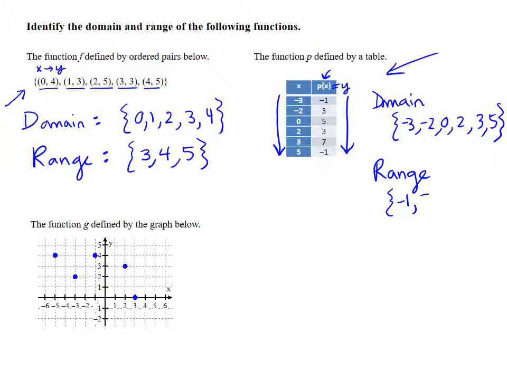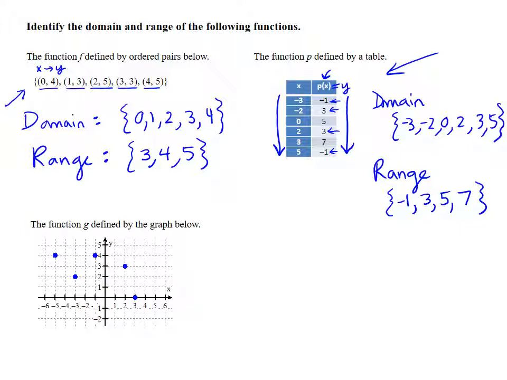The next lowest would be 3, the next lowest would be 5, the next, or the highest, would be 7. Notice, I don't list out 3 more than once. It only has to appear once. And same thing with -1. Even though -1 and 3 appear more than once in the table, you don't have to show them as duplicates in the range. So the domain has a set of 6 values, the range has a set of 4 values.